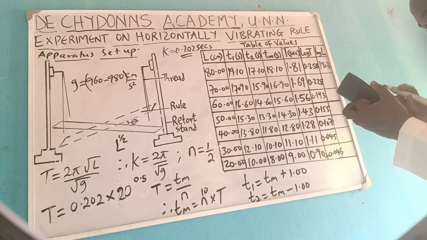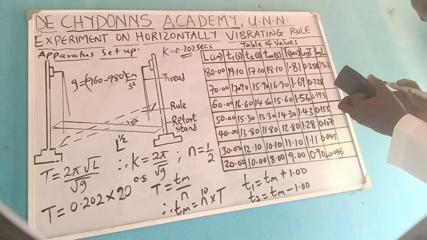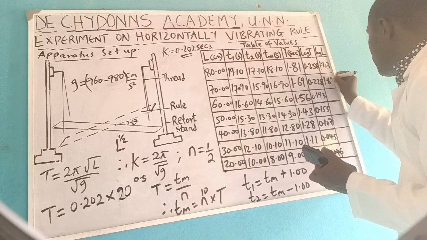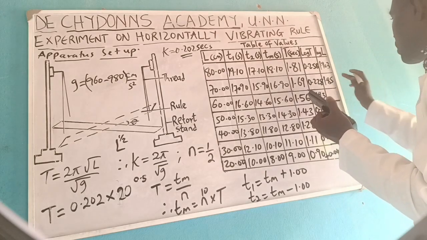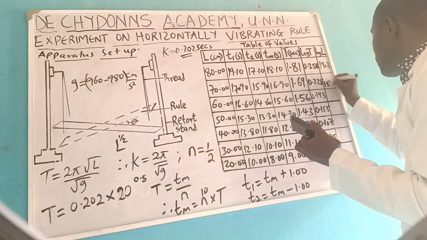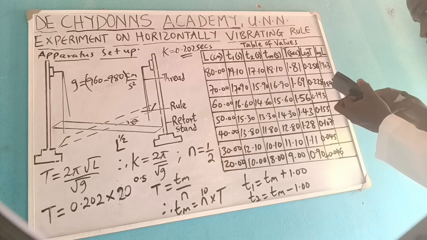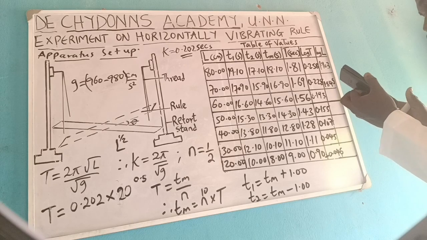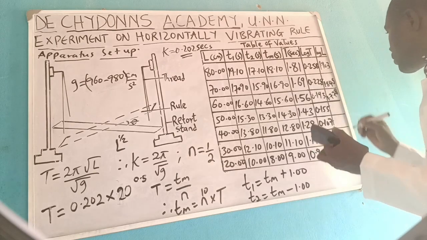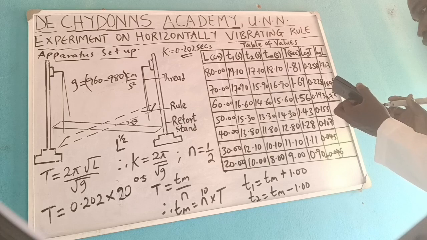Log 70, 1.845. Then log 60, 1.778. Log 50, 1.699.